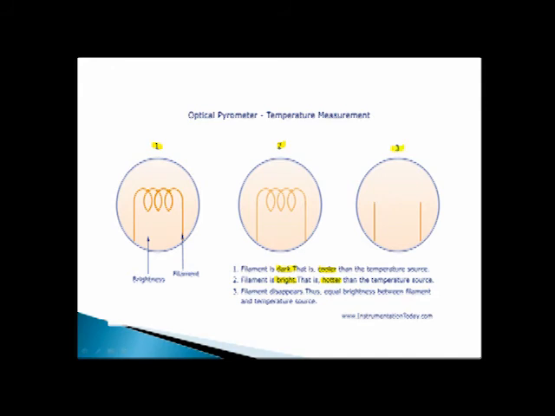Lastly, the filament disappears. Thus, there is equal brightness between the filament and the temperature source. At this time, the current that flows in the reference lamp is measured, as its value is a measure of the temperature of the radiated light in the temperature source when calibrated.